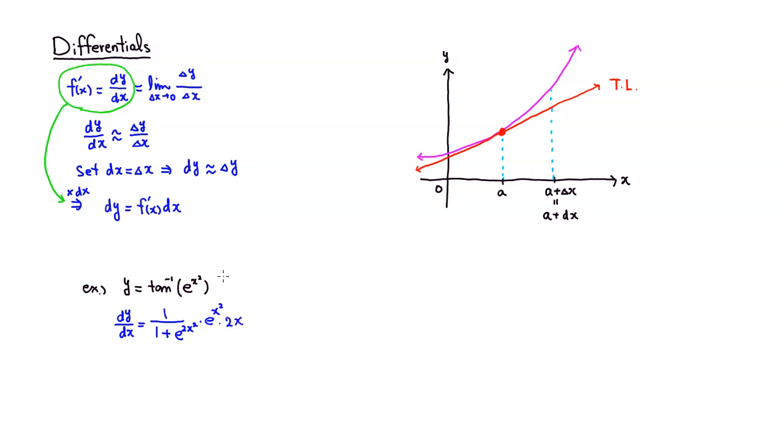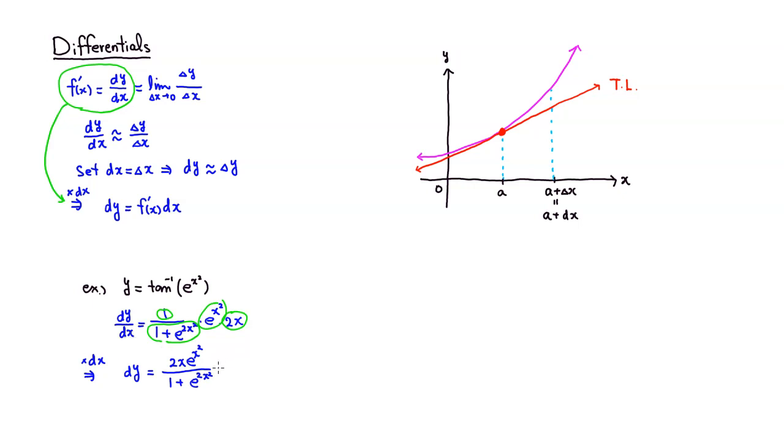What you can do is simply multiply both sides by dx. So we have dy equal to, let's clean this up, 2x e to the x squared on top, all over 1 plus e to the 2x squared.